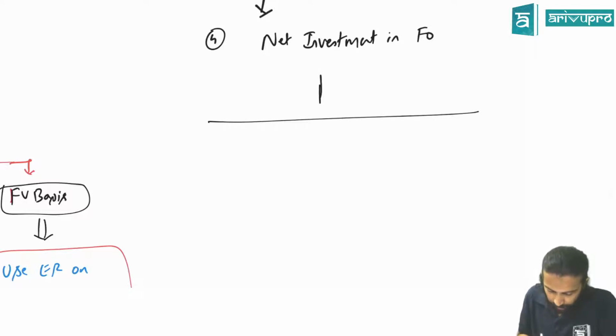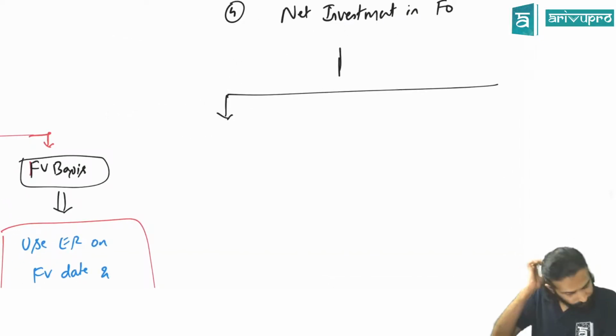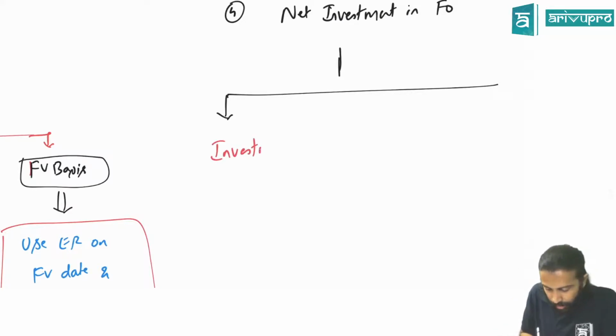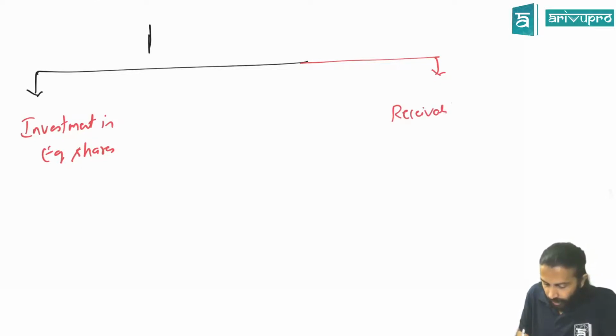If you have any net investment in foreign operation, the first thing we have to check is whether this is an investment in equity shares or whether this is a receivable or payable transaction.